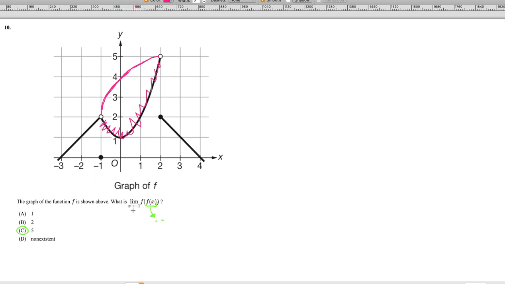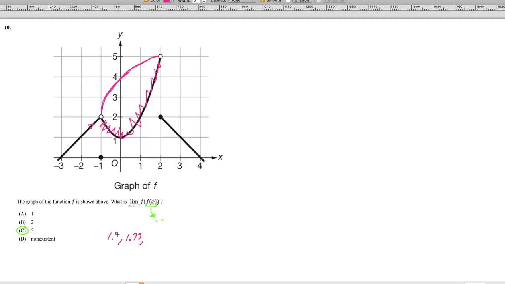Again, this is my own example. Let's say I have the limit as x goes to -1 of f of f of x. Let's look at what's happening as I approach -1 from this side. As I approach -1 from the left, I get closer and closer to 2, but from beneath 2. So these values are like 1.9, 1.99, and so forth.